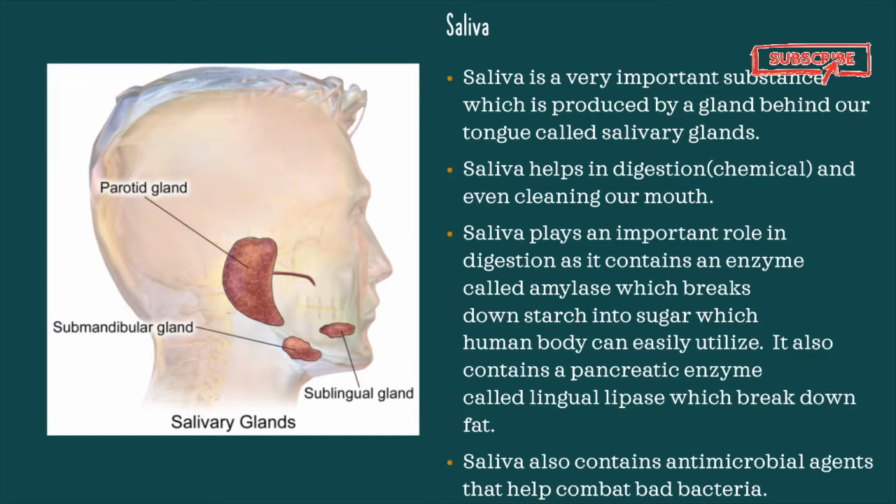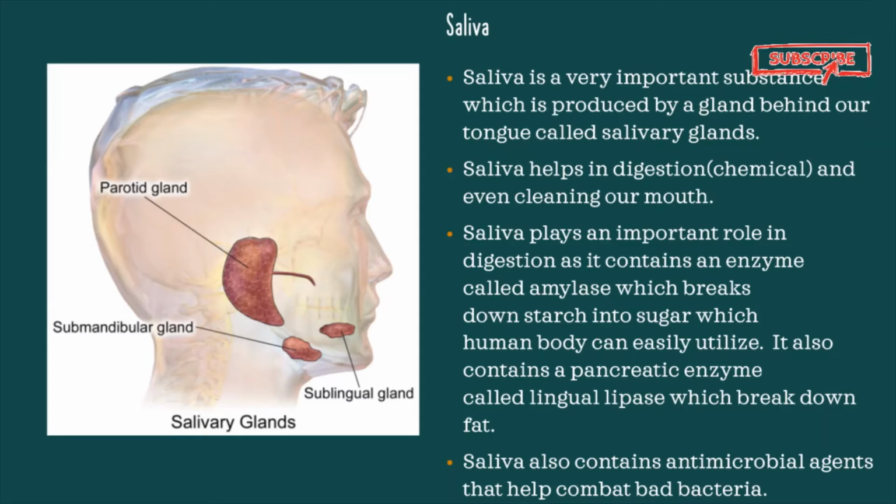It also contains an enzyme called lingual lipase, which breaks down fat. You will learn about pancreatic juices in the further slides in this chapter. So saliva breaks down even fat, and it breaks down starch into sugar. So it plays a very, very important role.